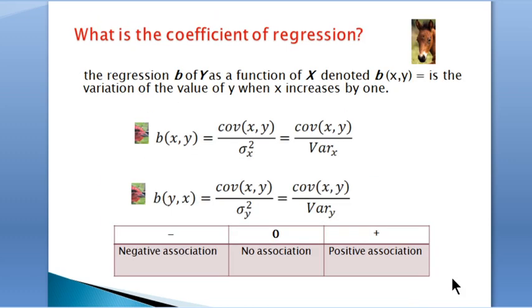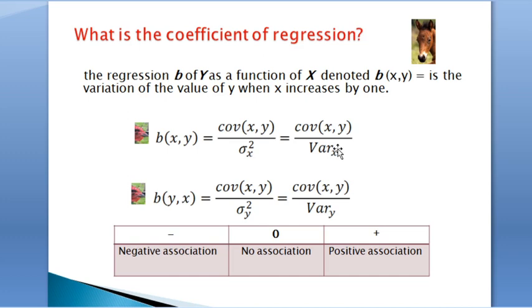Now, let's continue with the coefficient of regression. The regression b of y as a function of x, denoted bxy, is the variation of the value of y when x increases by 1. So it is represented with the following formula.